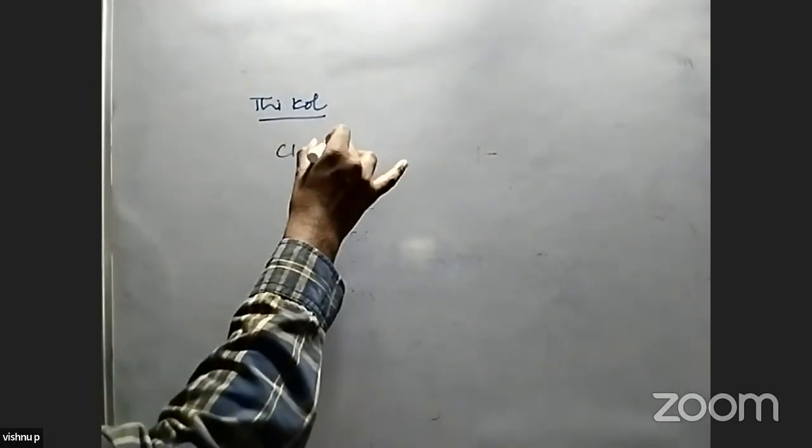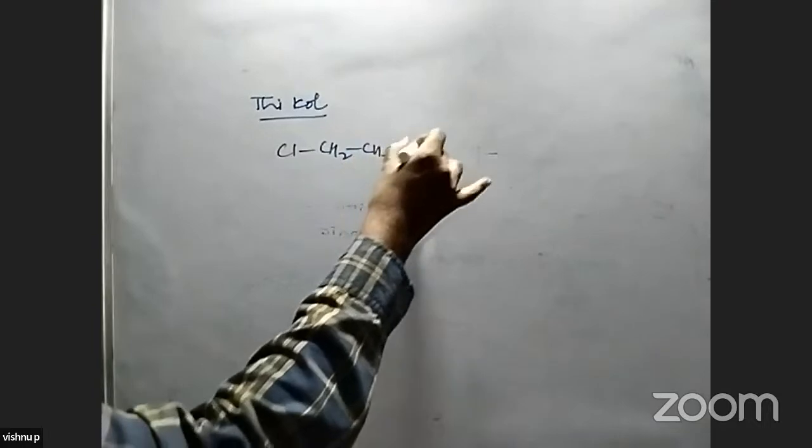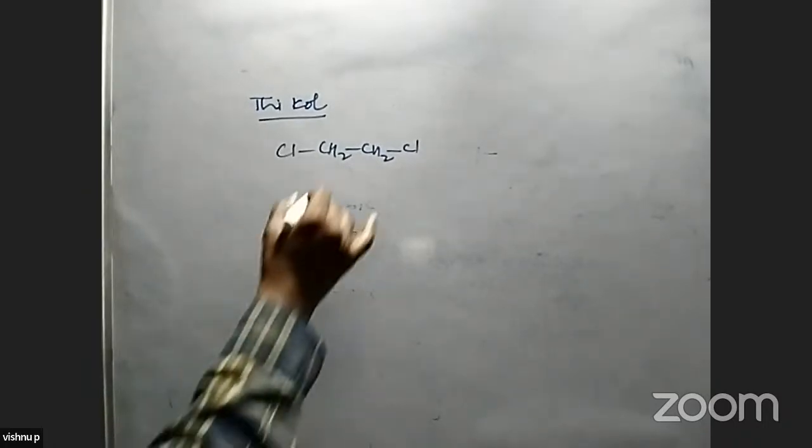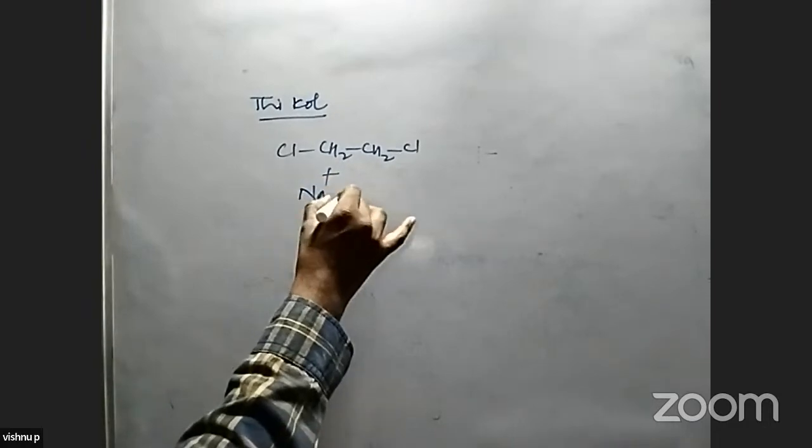Next is thiol rubber, or we can call it thiokol. So what are the monomer units of thiol? That is CH2, CH2Cl. This is a vicinal dihalide, ethane 1,2-dichloride, plus sodium tetrasulfide.